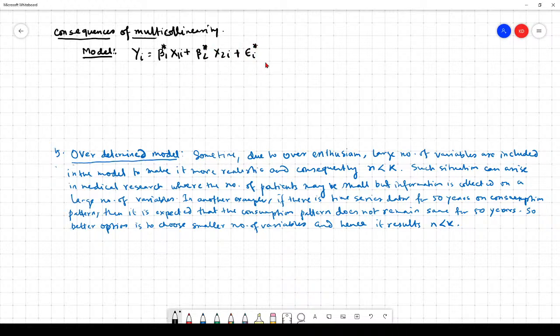Now I transform this to small yi, which is capital Yi minus capital Y bar divided by sy.